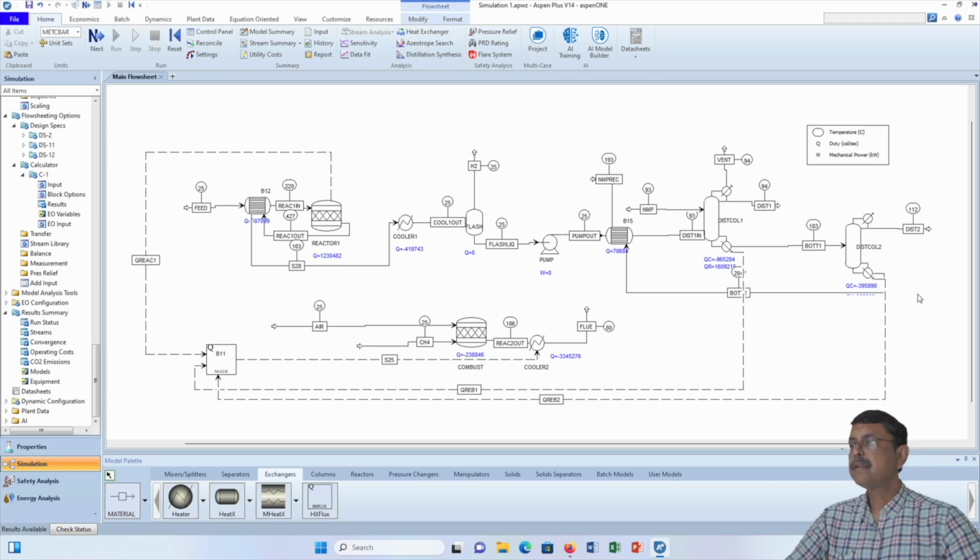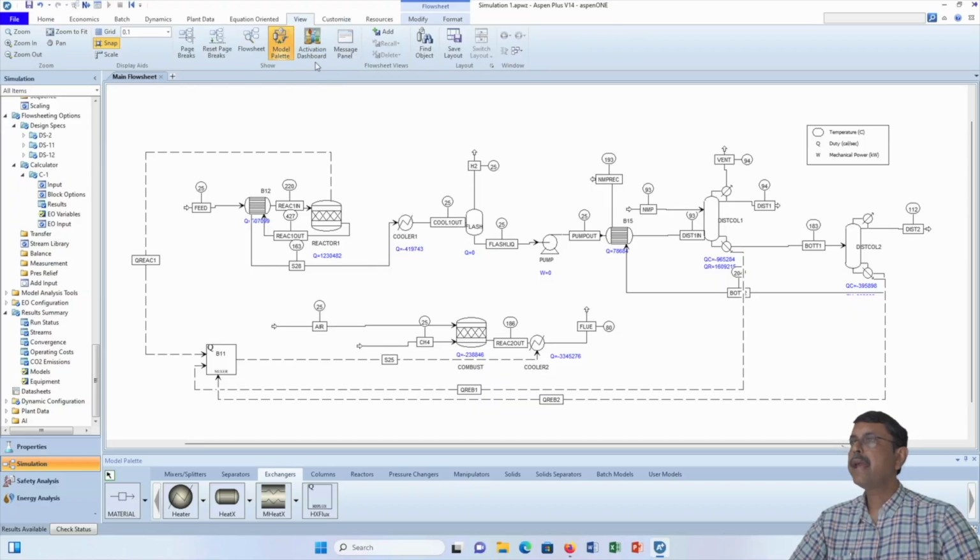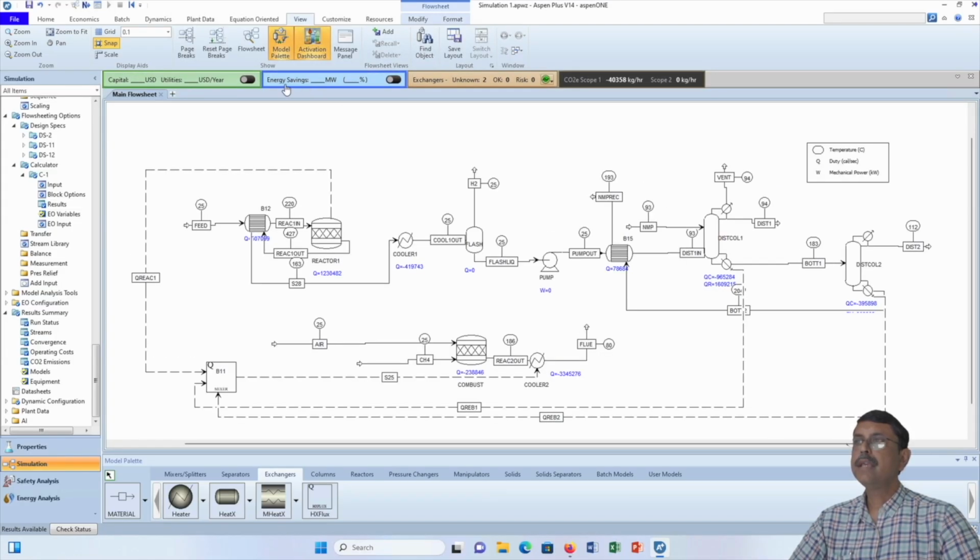So for that, we can perform the energy analysis. Okay. Now, you will find some button over here called activation dashboard. Okay. So here you will find the energy savings button.